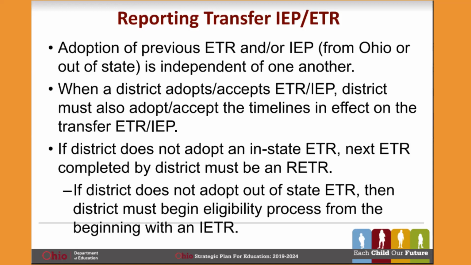So you can have an ETR that is acceptable and you're going to use it, and you could have a terrible IEP that you're going to reject and amend or write a new one, and vice versa. You can reject the ETR, but still adopt and accept the IEP. So as I said, these are independent of one another.